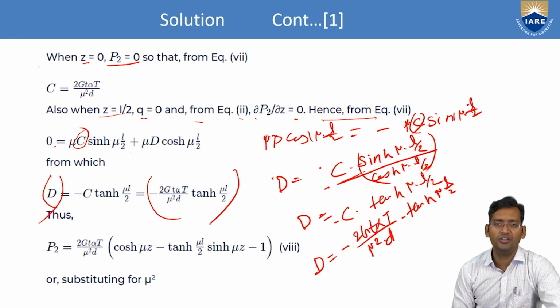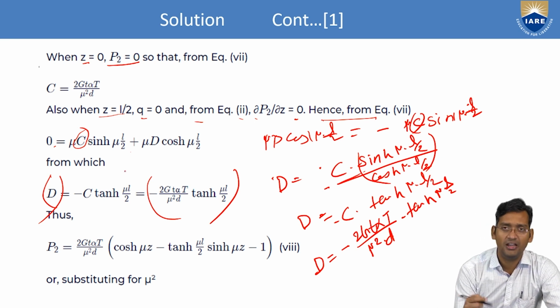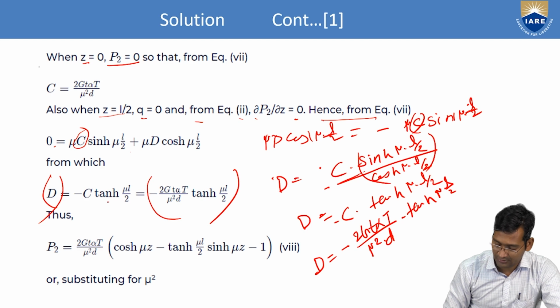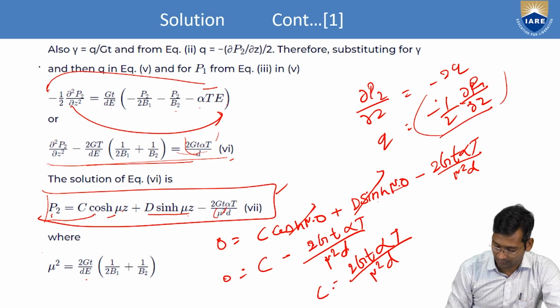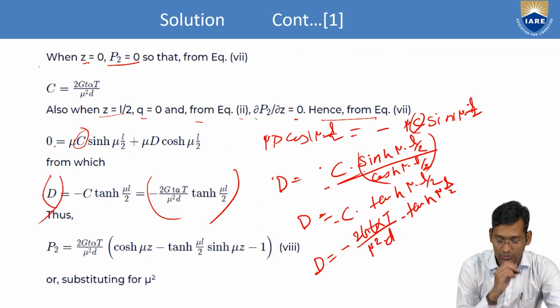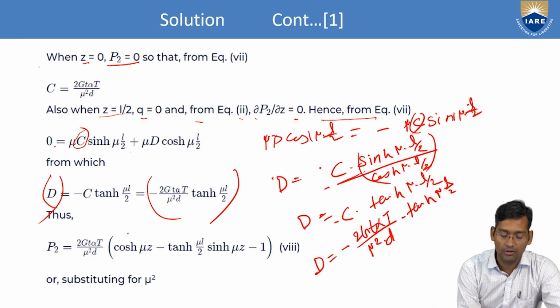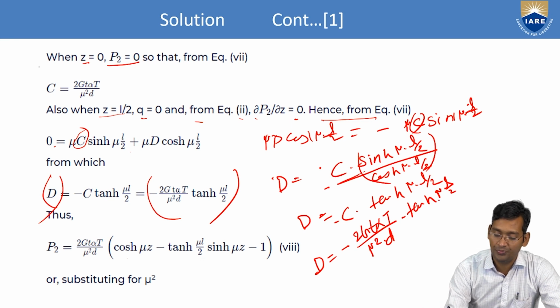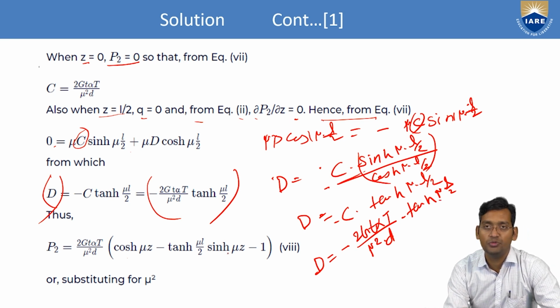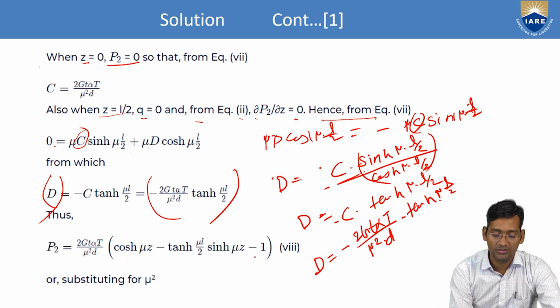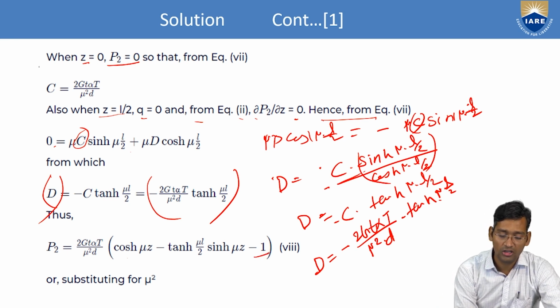Now once we have d, and already we found c, substitute c and d in this equation. So after that, what will we get? P2 equals, after taking 2 gt alpha t by mu square d common, cosh mu z minus tanh mu L by 2 into sinh mu z minus 1. After substituting the value of c and d, also substitute the mu square value.